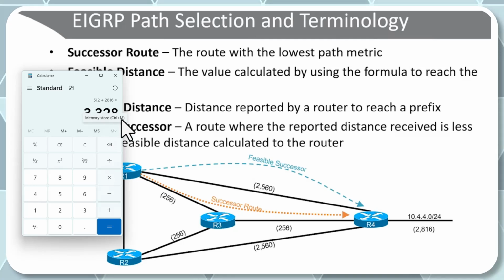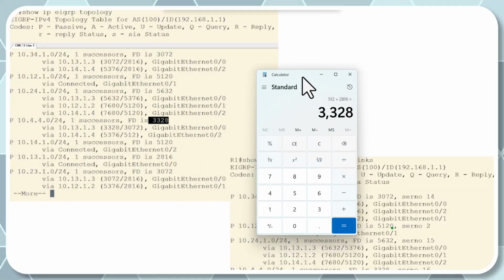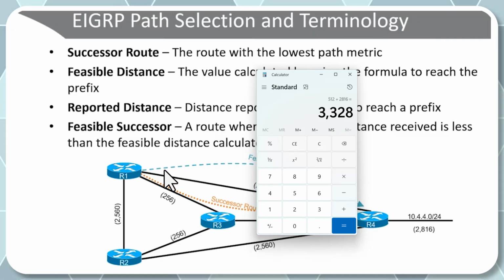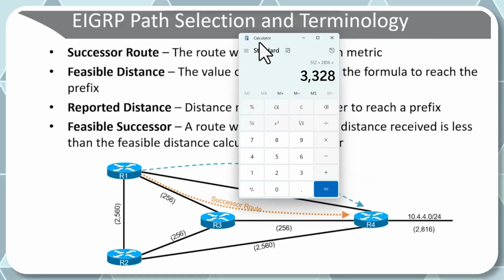So this 3328 is my feasible distance. And if we talk about 3072, now what is 3072? 3072 will be my reported distance.